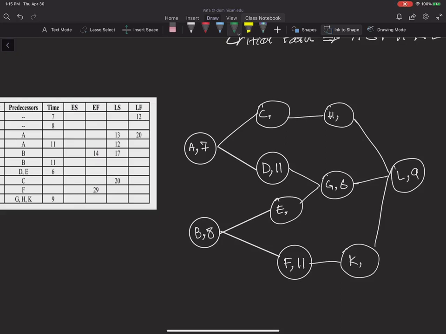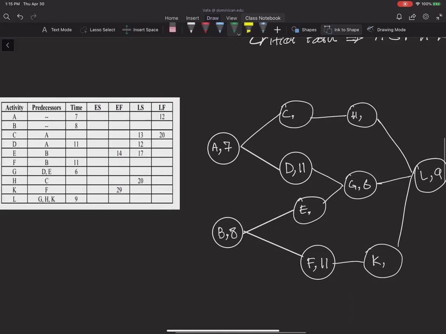So for activity E, we know that early finish is 14. So I take a note of that here. I know that early finish for activity E is 14. And also I know that early finish for activity K is 29.